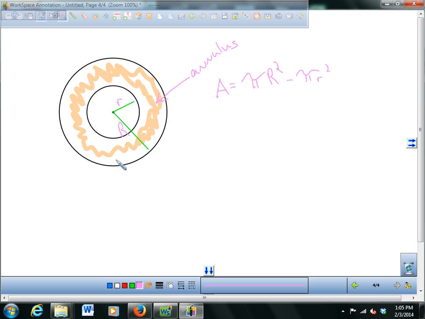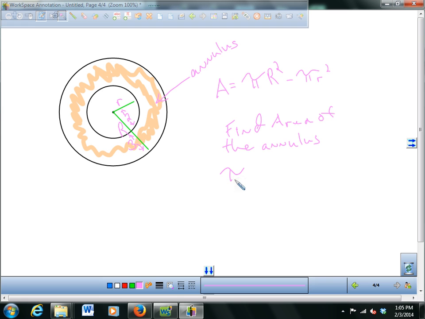So a lot of times they'll give you a picture that looks like this. They'll say that from here to here is 3, and from here to here is 2, and find the area of the annulus. Who can tell me what I would plug in?